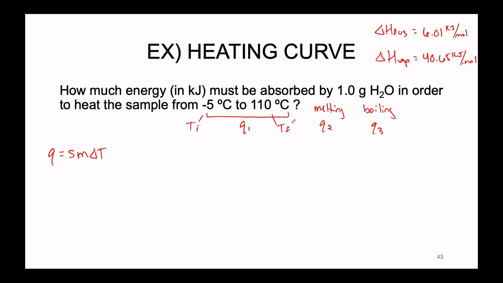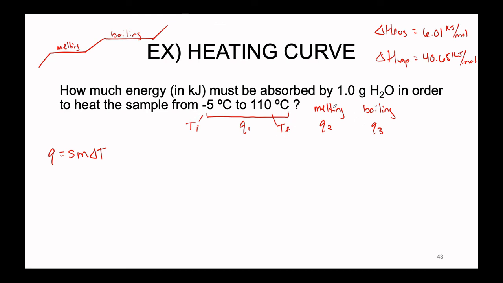If we were to go back to our heating curve, the melting of the solid and the boiling of the liquid were separated, where there were 2 different phases in between, the phase change of melting and the phase change of boiling. Well, even though there are some melting and boiling processes in between these temperature changes, we are still allowed to use negative 5 as Ti and 110 as Tf.